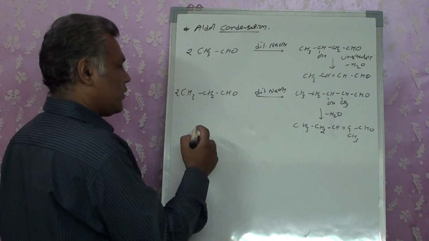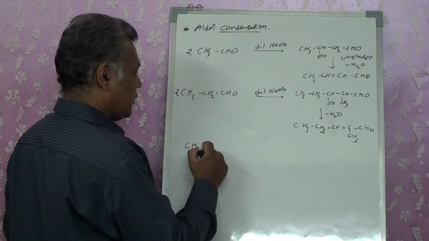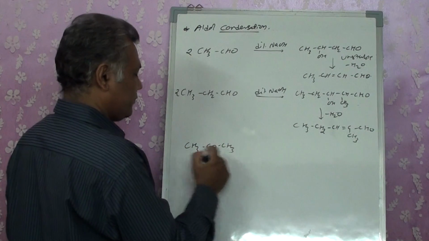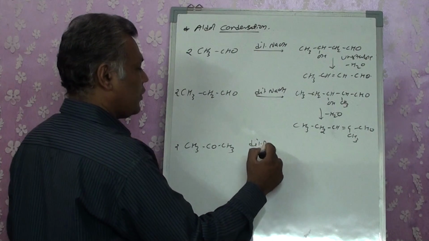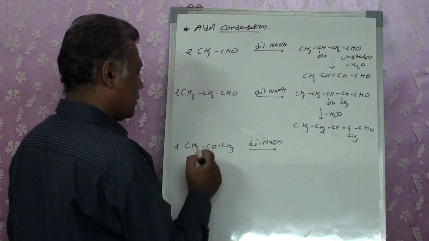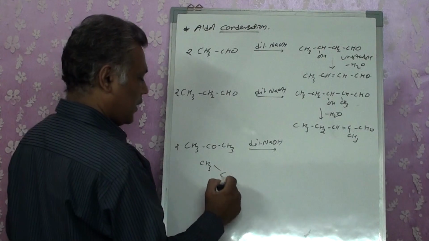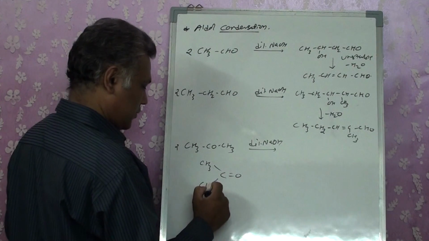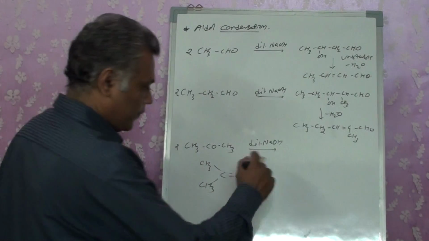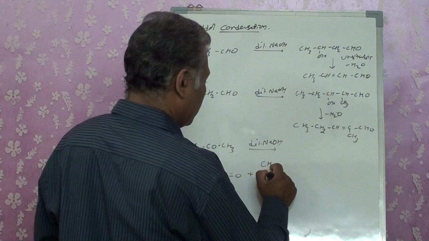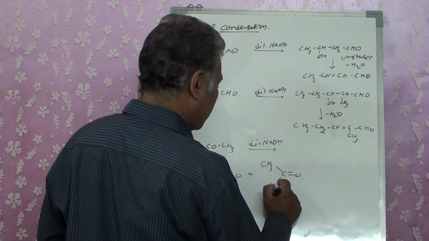Let's see the same reaction. Is it possible for ketones? CH3COCH3, 2 moles, again with dilute NaOH. Can I write this component as the ketone CH3C double bond O CH3? It again reacts with CH3C double bond O CH3.